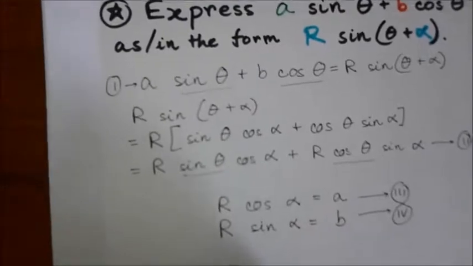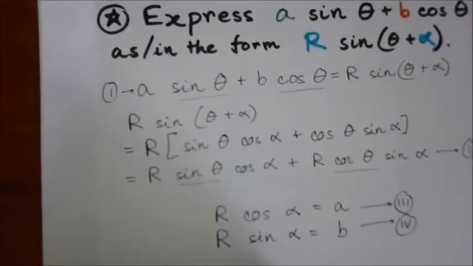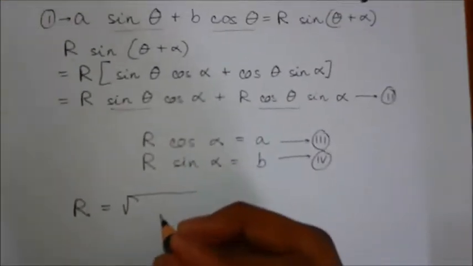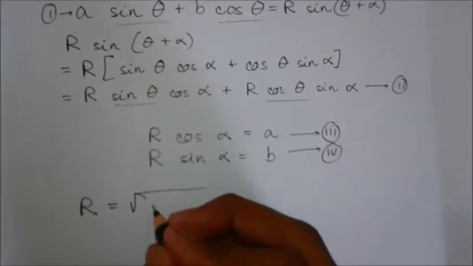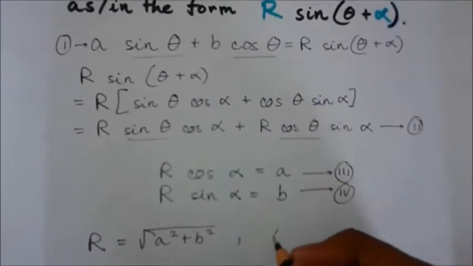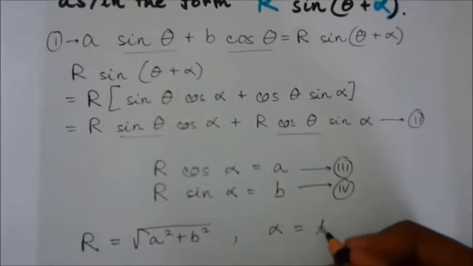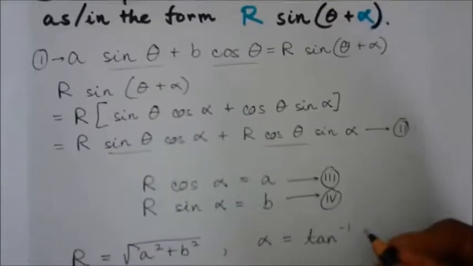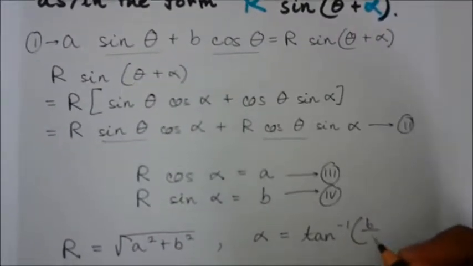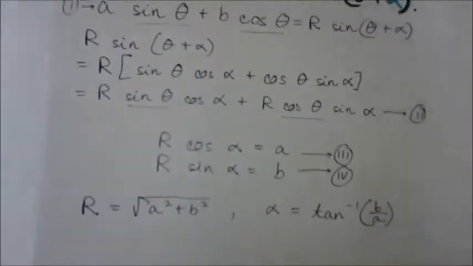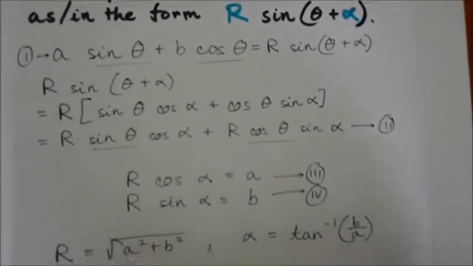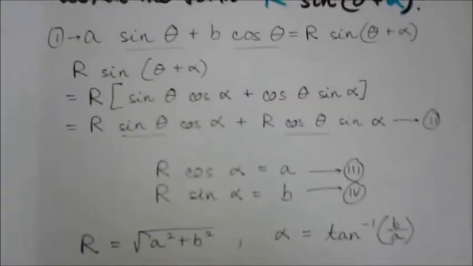So from here we can get r is equal to the positive root of a squared plus b squared, and alpha is the arctangent of b over a. So from there we can solve for r and alpha, and then we can find the minimum and maximum values.